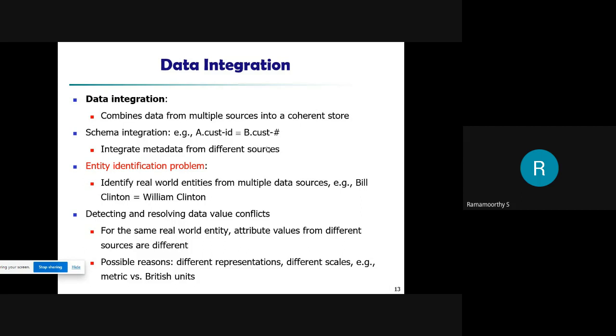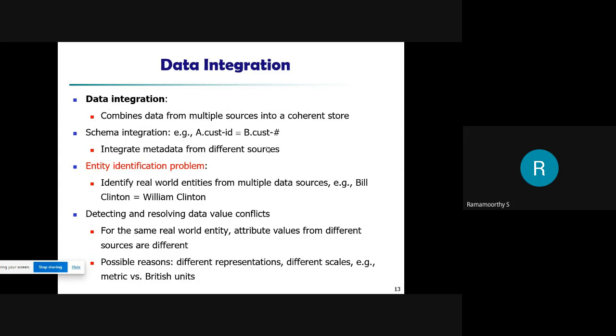And one more thing is the entity. So can anyone tell me what an entity is? What is an entity and an attribute? Any answer? It is already given in the slide itself.